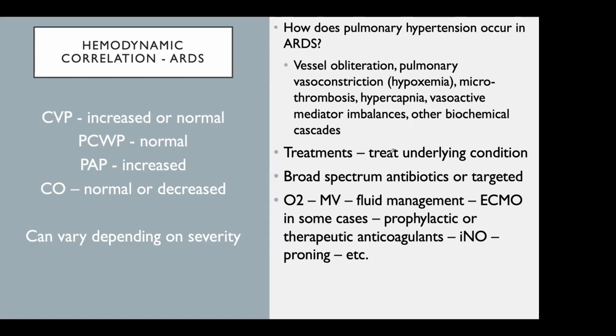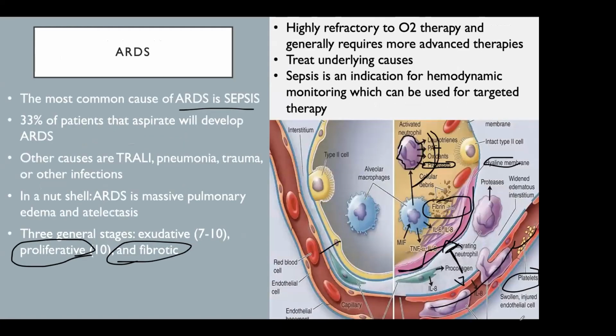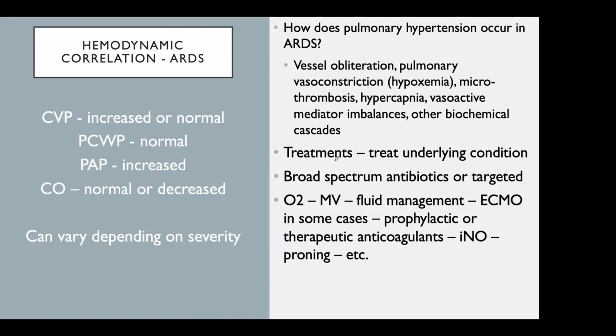So how does the pulmonary hypertension occur in ARDS, right? It's almost the same mechanism as when you're looking at pulmonary edema, congestive heart failure, and things like that, but specific to ARDS, we're looking at vessel obliteration, right? So if we go back to our picture here, all of this is just eating up our alveolar capillaries.